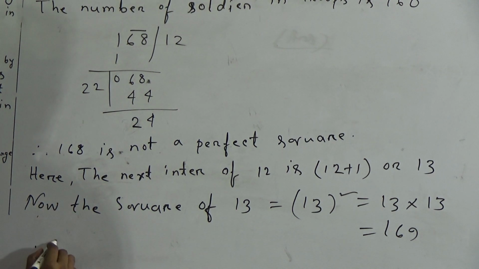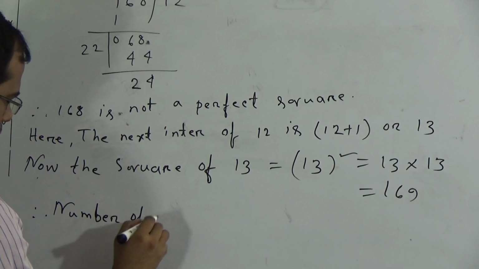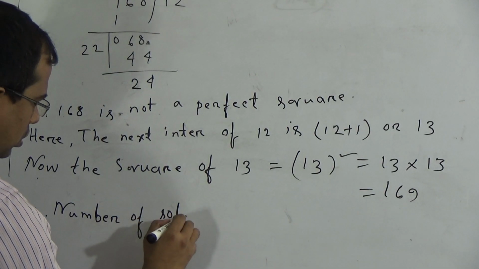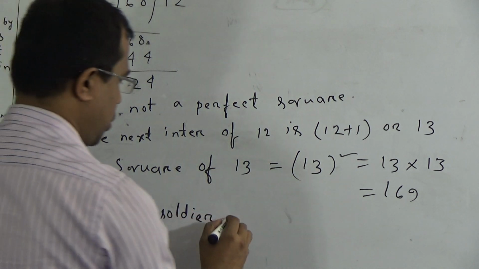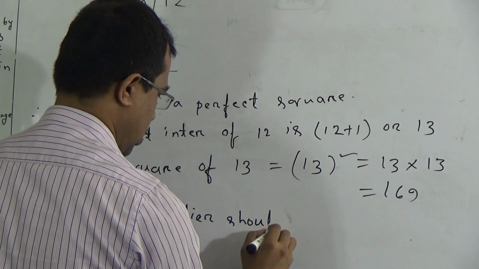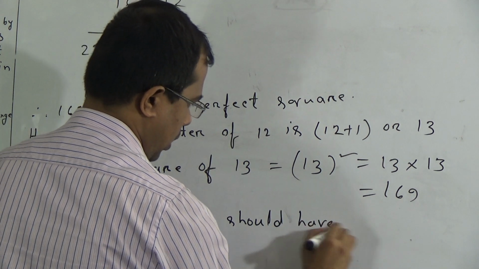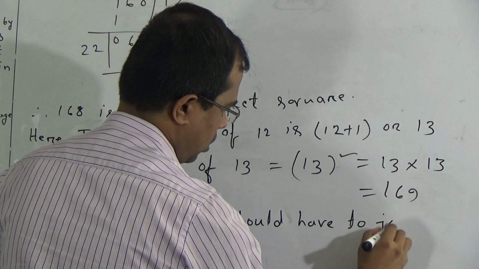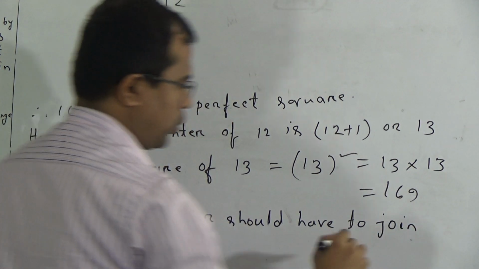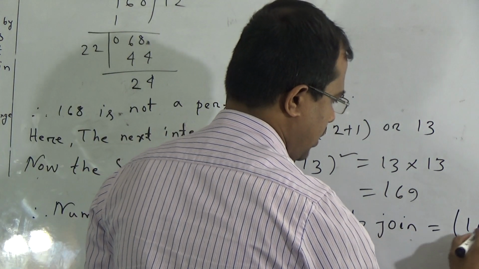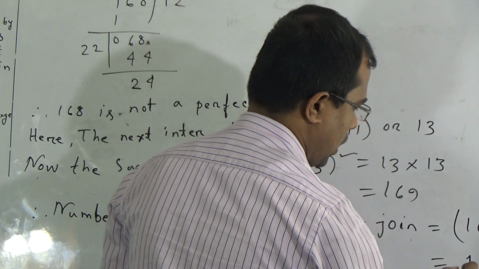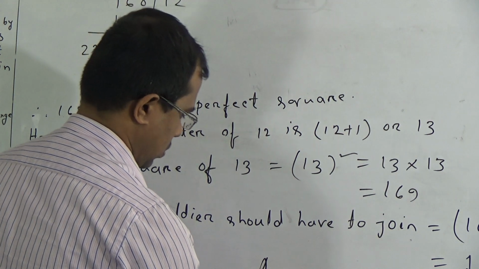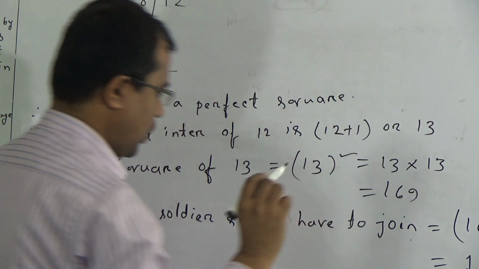Therefore the number of soldiers that should have to join is equal to 169 minus 168. This is equal to 1, and the answer will be 1.